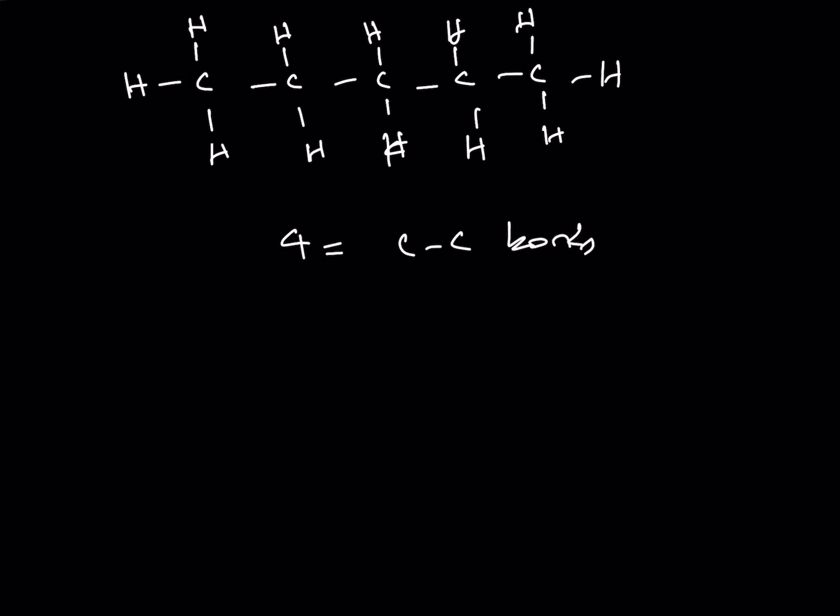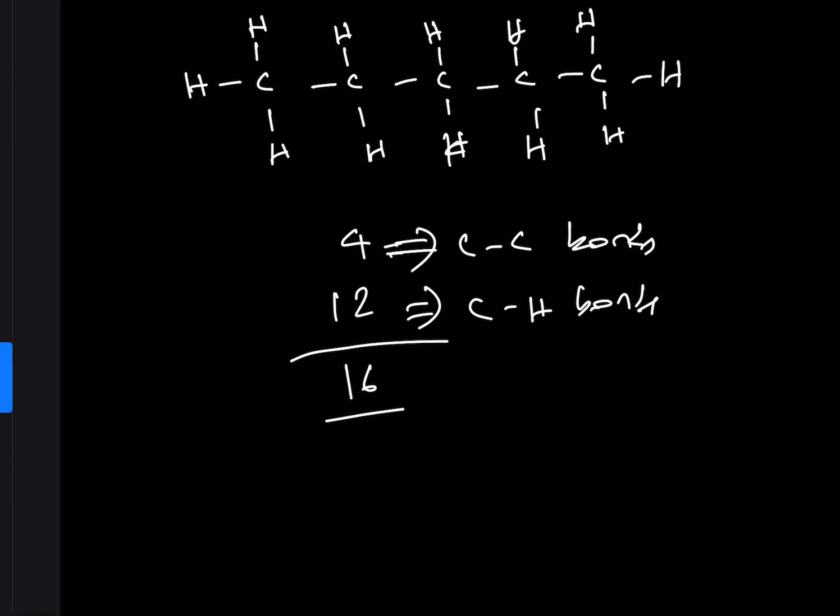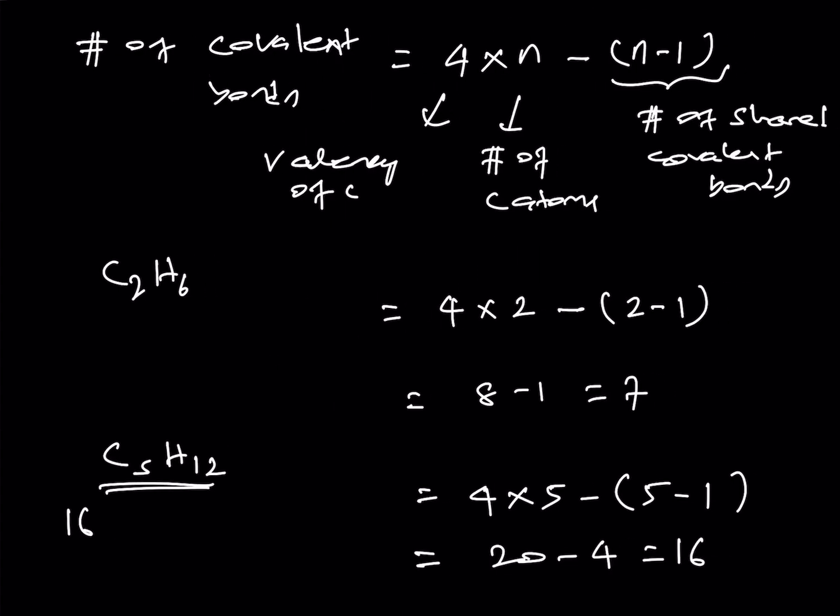That is the number of covalent bonds, and then the remaining 12 CH bonds are there. So total 16. That's what we got. How about alkynes? Sorry, how about alkenes? So let us first finish alkenes.